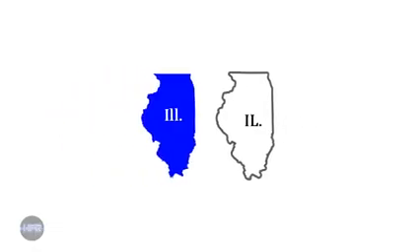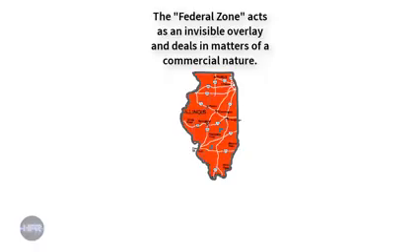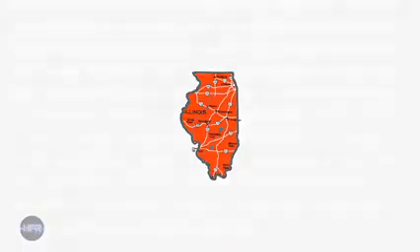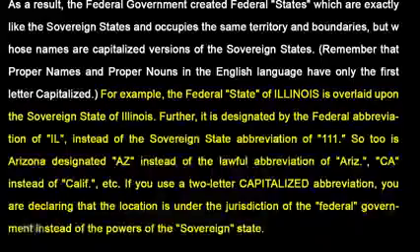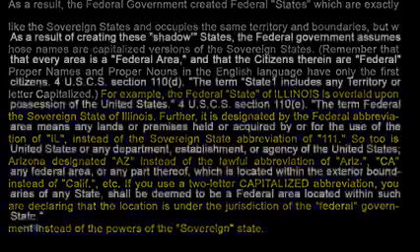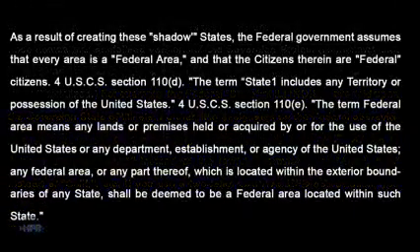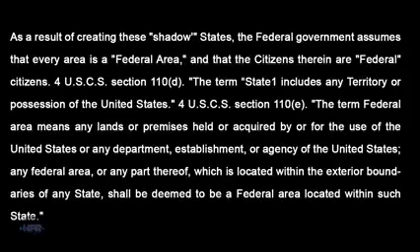California, which is all caps, instead of Calif., etc. If you are using a two-letter capitalized abbreviation, you are declaring that the location is under the jurisdiction of the federal government instead of the powers of the sovereign state. As a result of creating these shadow states, the federal government assumes that every area is a federal area and that the citizens therein are federal citizens.